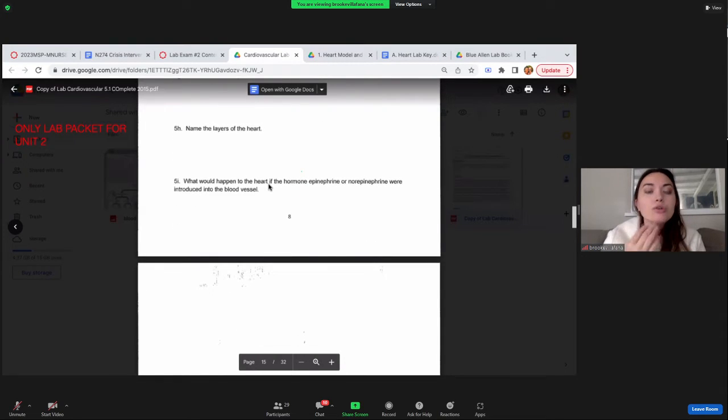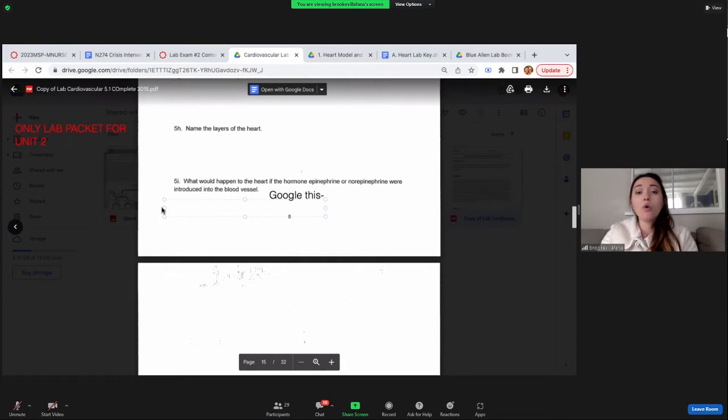What would happen to the heart if the hormone epinephrine or norepinephrine were introduced into the blood vessel? This one is a little bit hard. You can Google this, but I've had a lot of variety of answers. So I'm going to just give you guys the answer to this because Googling sometimes leads you to a lot of information or not enough.